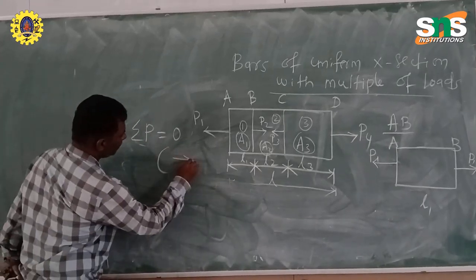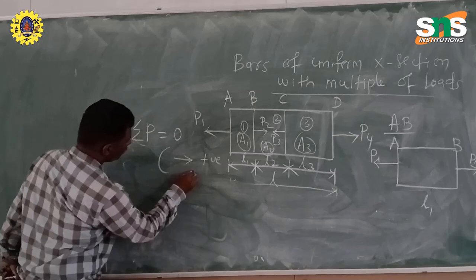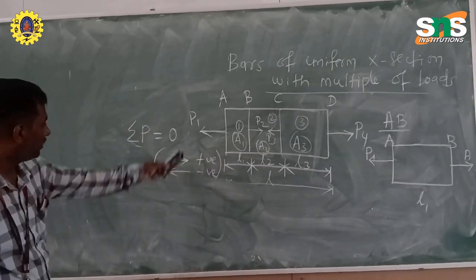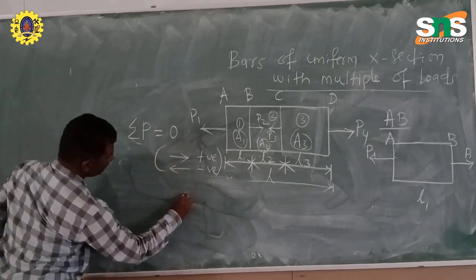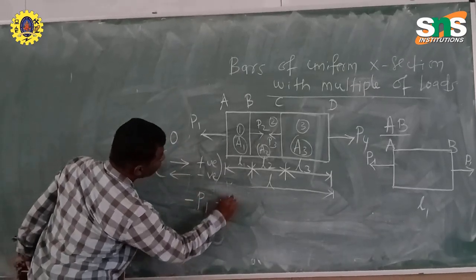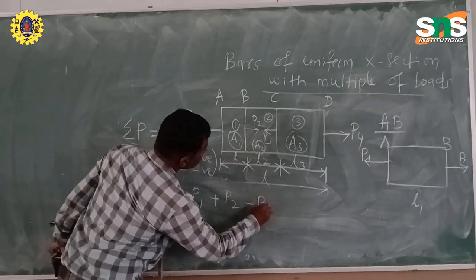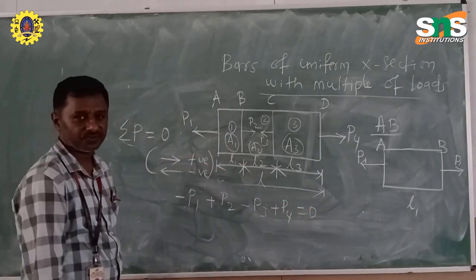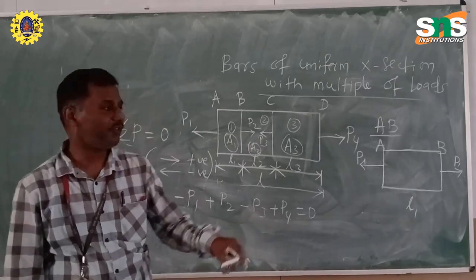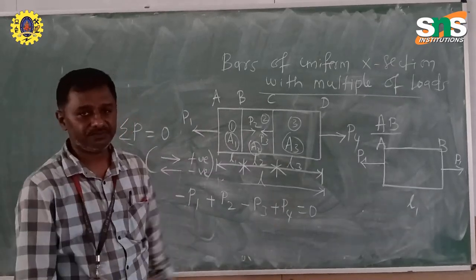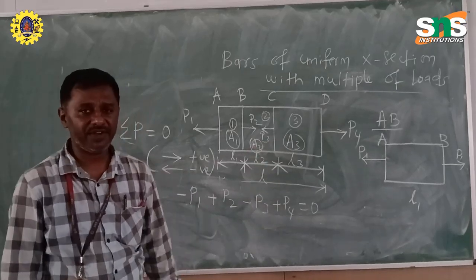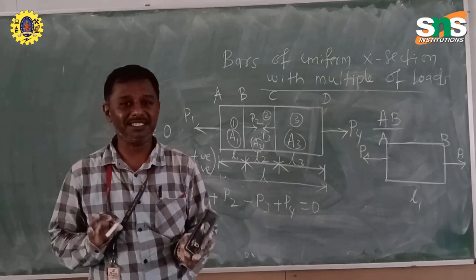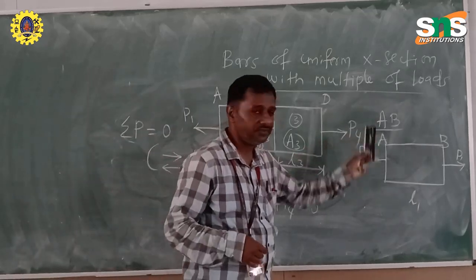I am taking towards right as positive and towards left as negative. So it is minus P1 plus P2 minus P3 plus P4, and that must be equal to 0. Then only does the equilibrium condition exist. After that we can go for the solution. So this is the equilibrium check. If equilibrium exists, then we can go on to the segregation of each section.